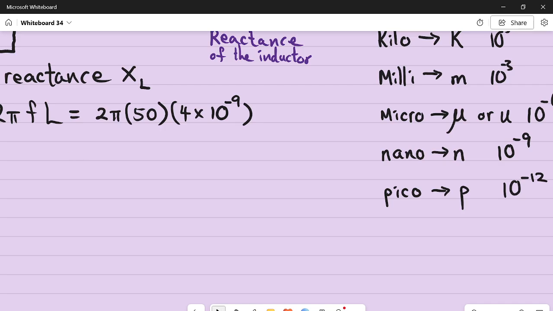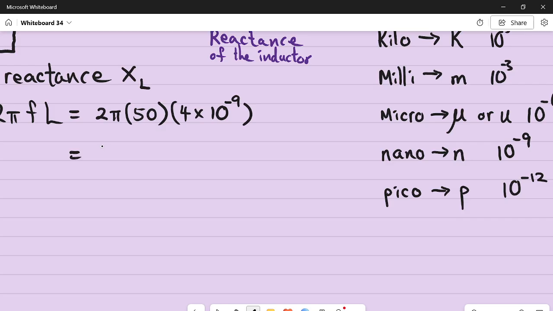All right, so let me just finish doing the maths on this one. Instead of times 10 to the power minus 9, does anyone use the EXP button at the bottom? The EXP is basically your 10 to the power of. It might save you time.